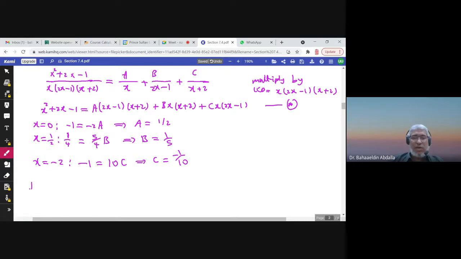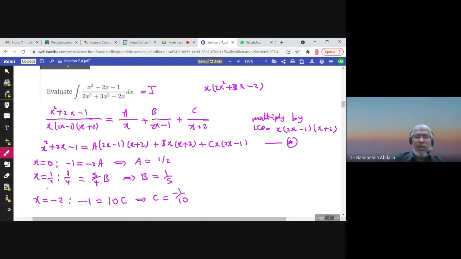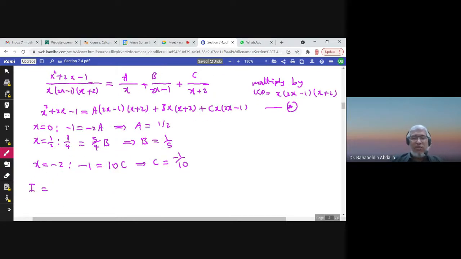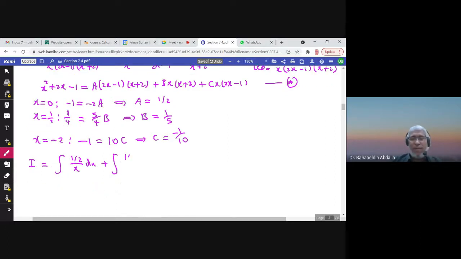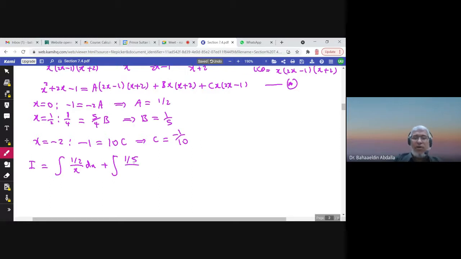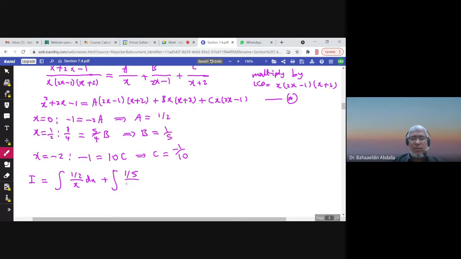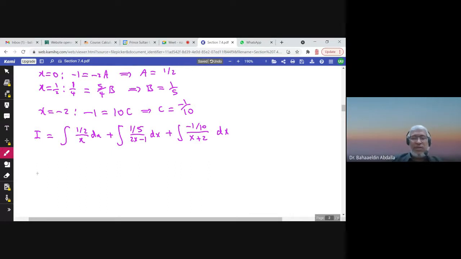So the integral I would be equal to the integral of a over x, or a half over x dx, plus the integral of b, which is 1 over 5, over 2x minus 1 dx, plus c, which is negative 1 over 10, over x plus 2 dx, and I can find easily the answer.